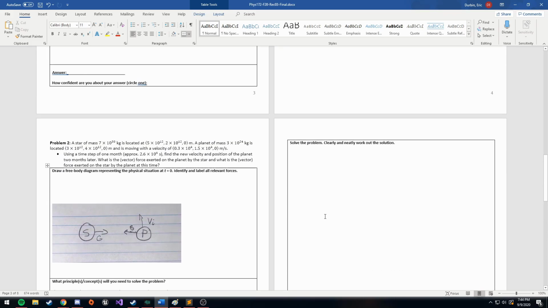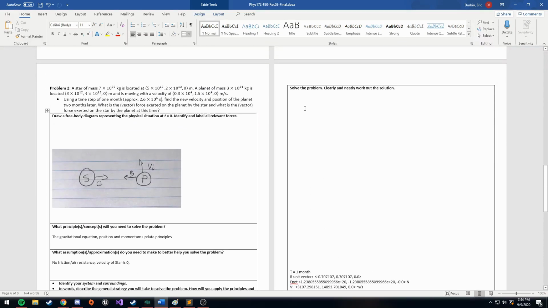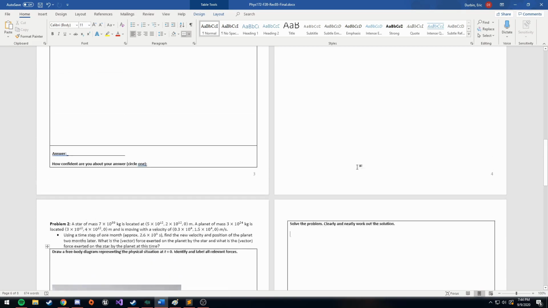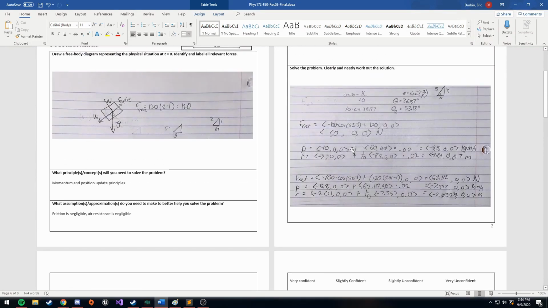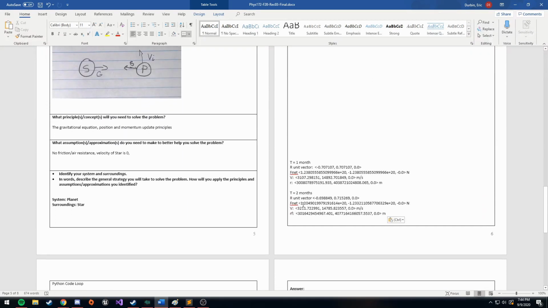I just did it in a program. 2.04 times 10 to the 12. What do you guys got? For the final F net? No, just for the position, the R function. Okay. Yep.